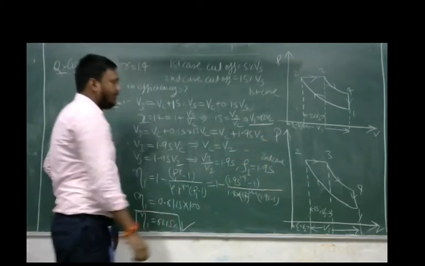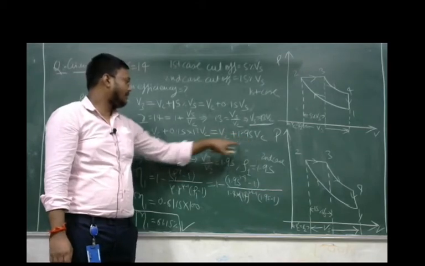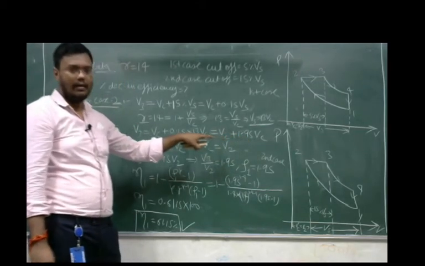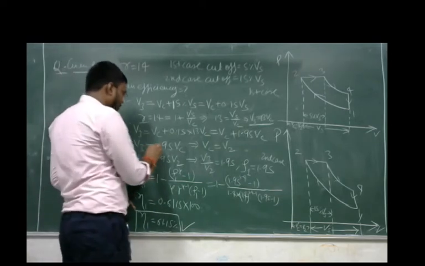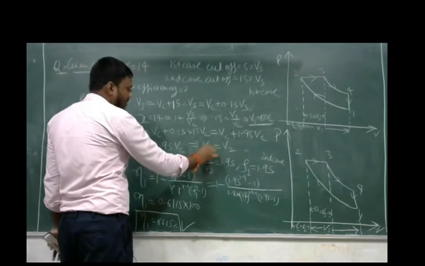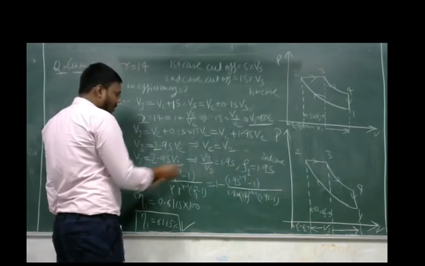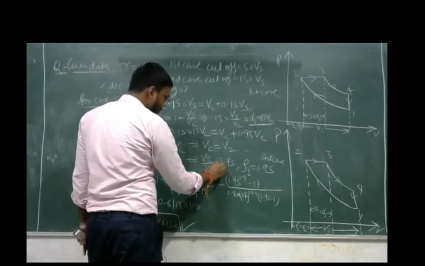So we get Vc plus 1.95 Vc, which is 1.95 plus 1, it becomes 2.95 Vc. Again we replace Vc by V2. So we get V3 equal to 2.95 V2, or V3 by V2 equal to 2.95.